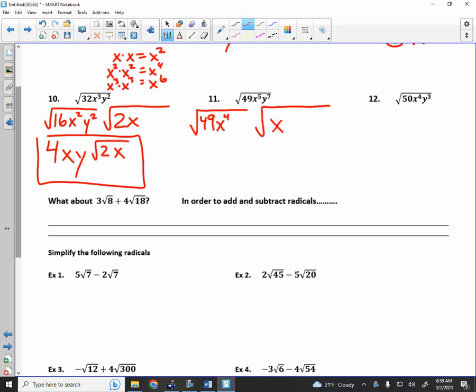Just x. Is y to the 7th a perfect square? No, so I reduce it to y to the 6th. So I have to put a y over here. Square root of 49, square root of x to the 4th, square root of y to the 6th, y to the 3rd.